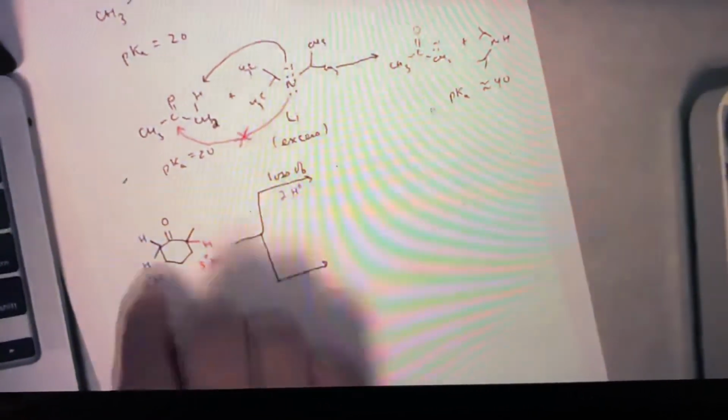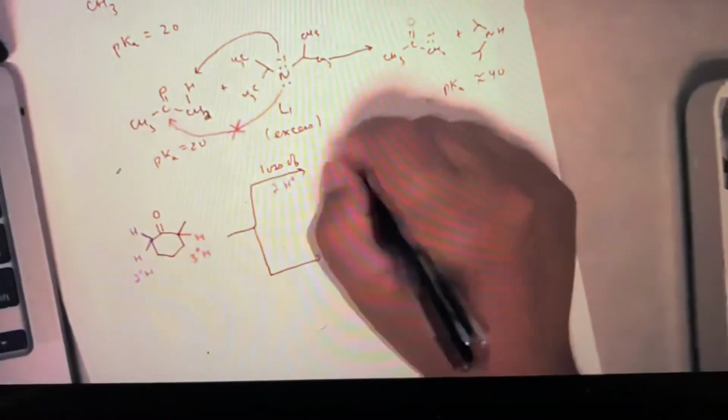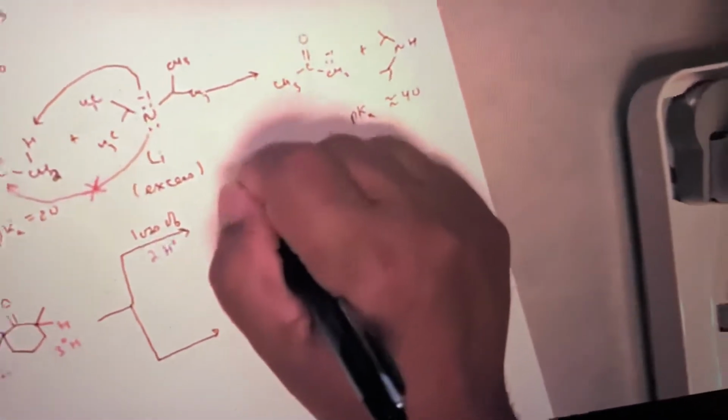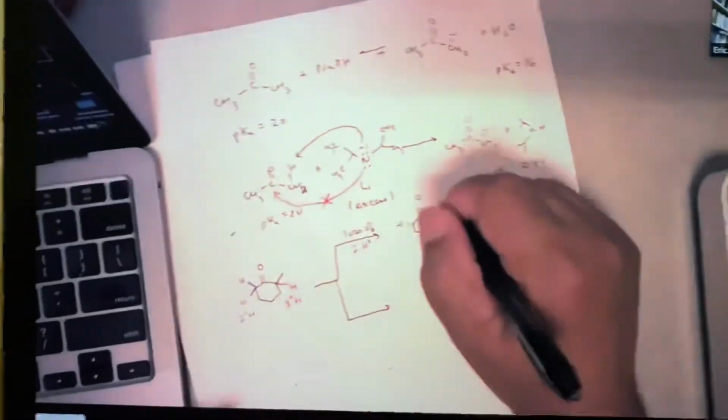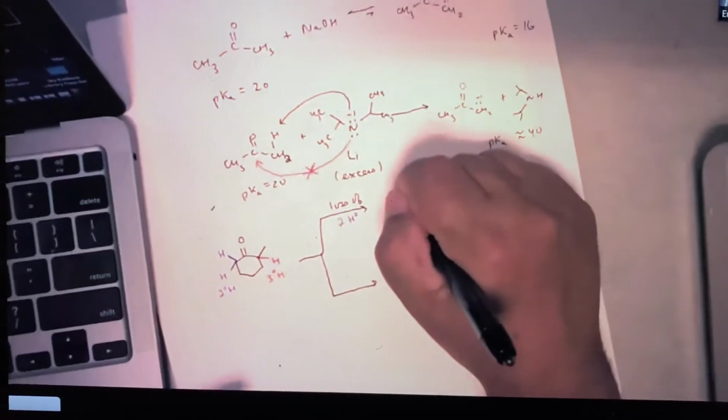Okay, so if I lose one of these hydrogens on the left here, the enolate that I form looks like this. Okay, and one of the things I haven't been doing is, up to this point, I haven't emphasized that these enolates are resonance stabilized.